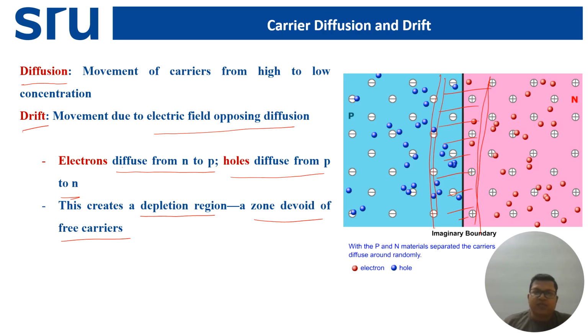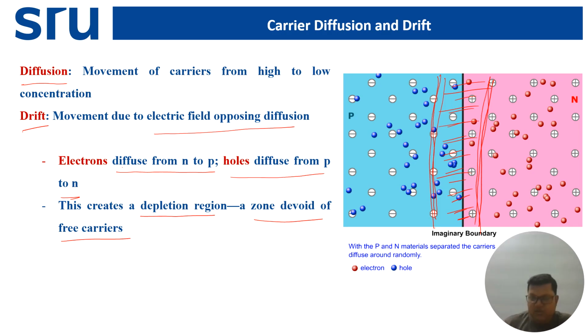Why is it called the depletion region? Because this region is depleted of any charge carriers. There are no free charge carriers in this region, and it is created at the junction of p and n.